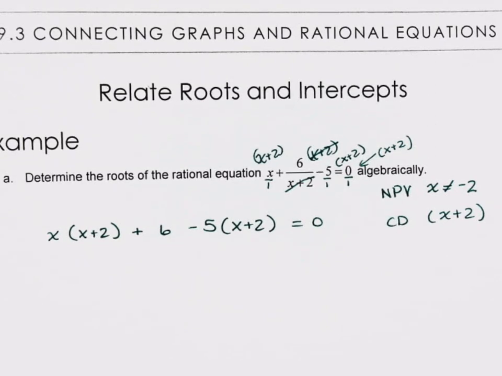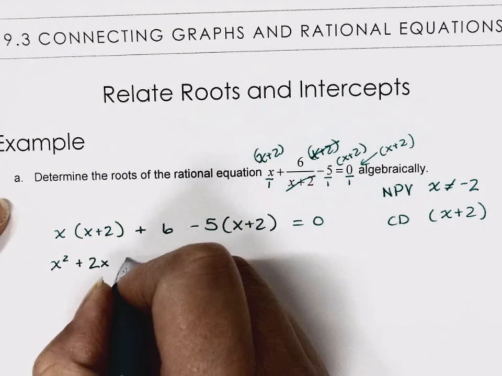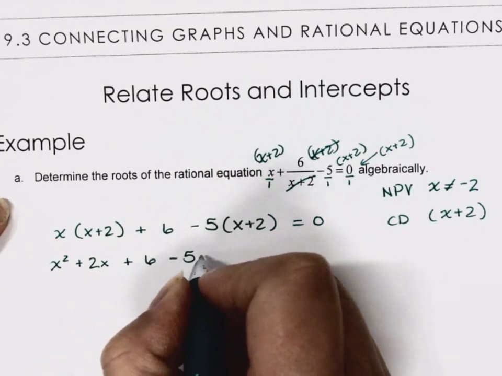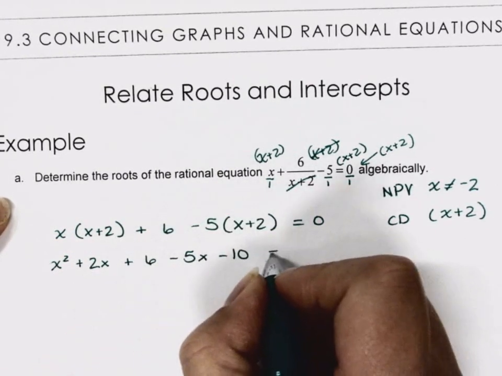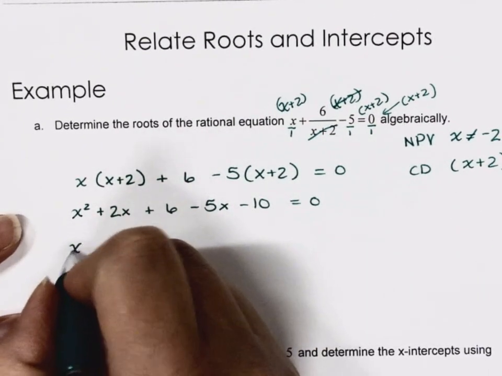Now we're going to multiply it through and simplify. So we're going to have X squared plus 2X plus 6 minus 5X minus 10 equals 0. And now I'm just going to combine like terms.